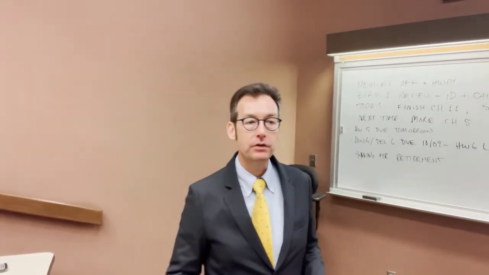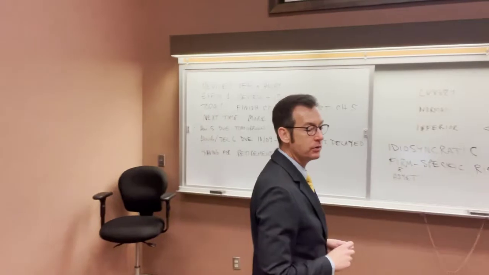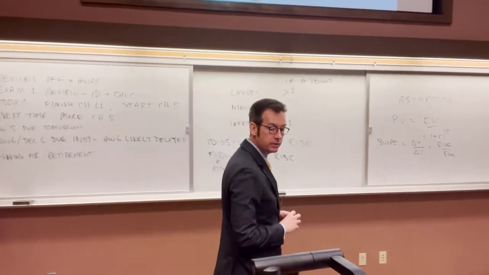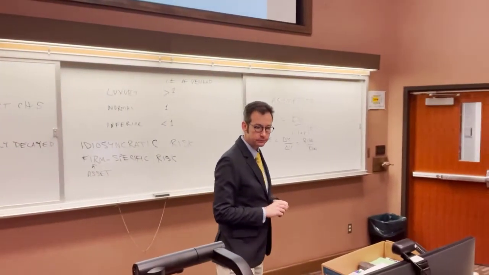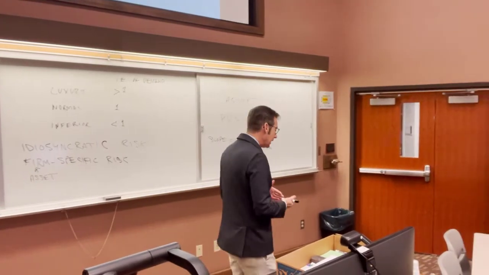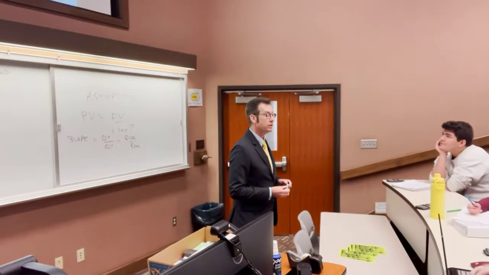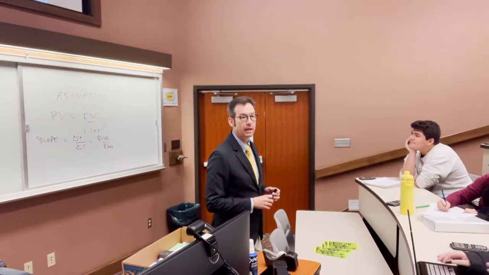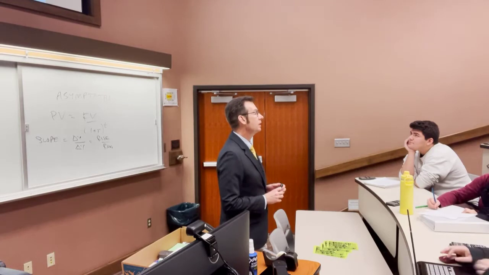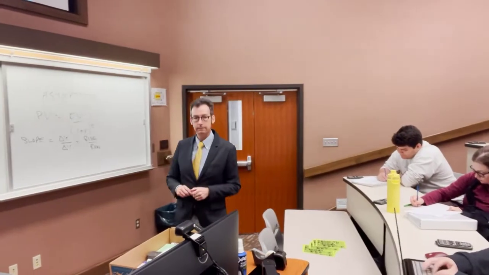The beta of the market portfolio is 1. Okay, so basically anything with a beta greater than 1 is riskier than the market. Anything with a beta less than 1 is safer than the market.